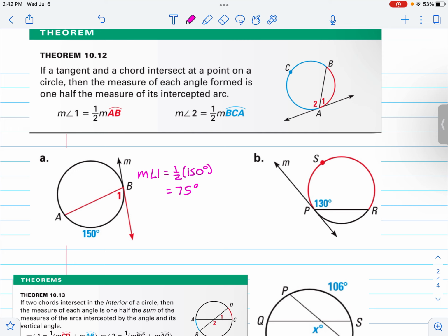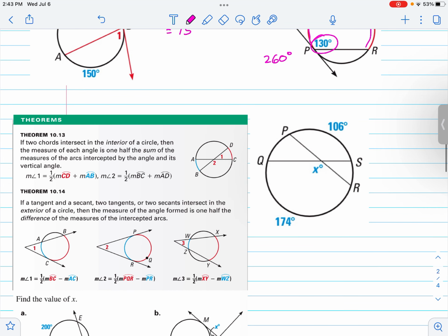Now over here, what we want is the measure of the arc. We know the angle is 1/2 of the measure of the arc, so the arc is going to be 260. That's what they want, because they gave us the angle measure there.